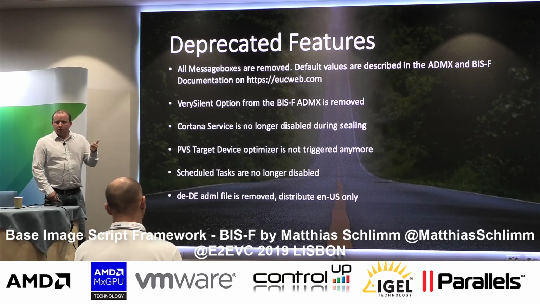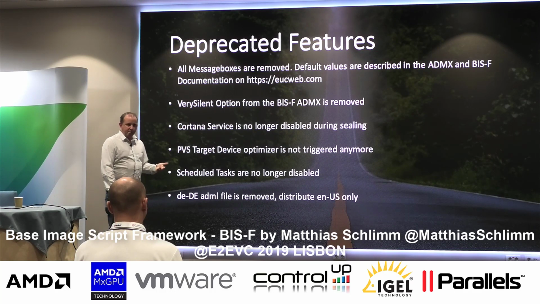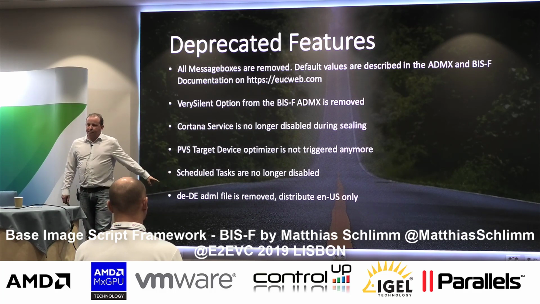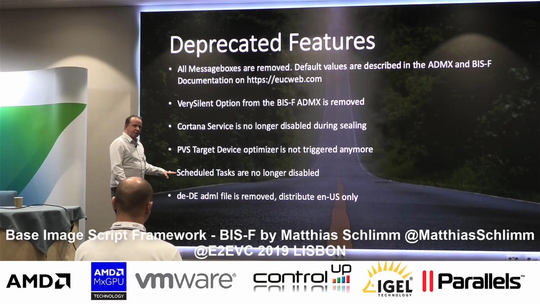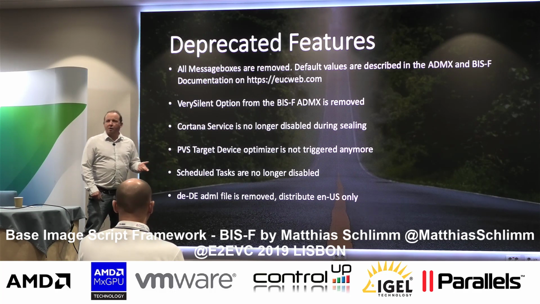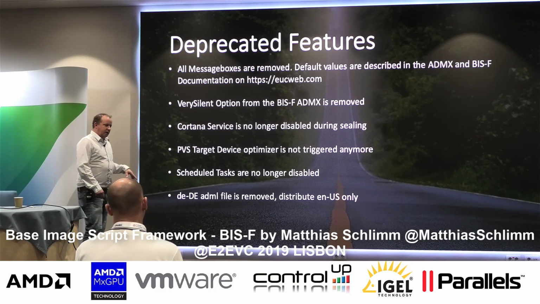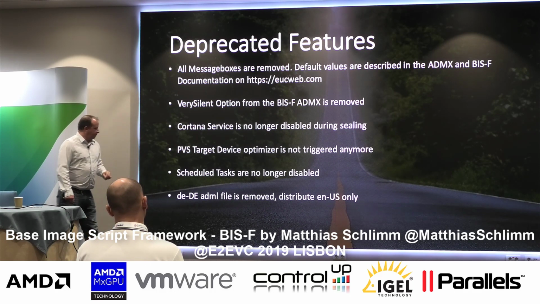Do it with group policy preferences, for example, or with Citrix Optimizer and the VMware OS optimization tool. That is better. Also, for the German guys in the room, if you have the DE enabled or available in your environment, please remove it or copy the HTML to the DE folder, to prevent further issues. We also distribute the English one in the future, not the DE.